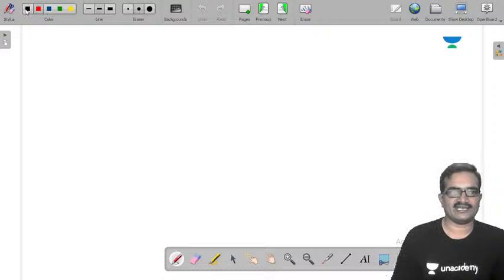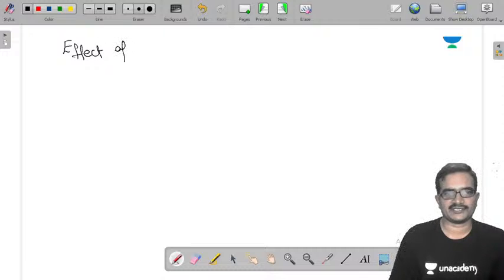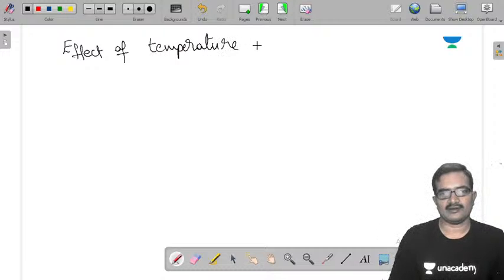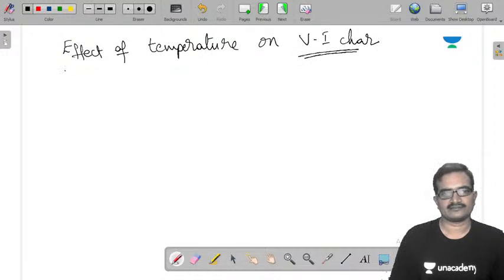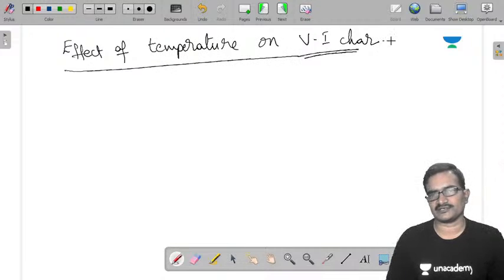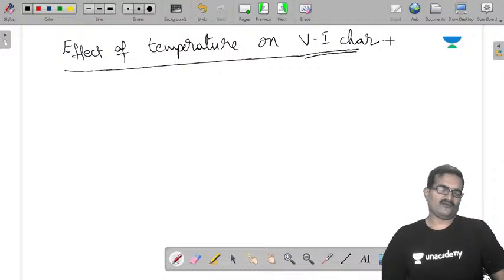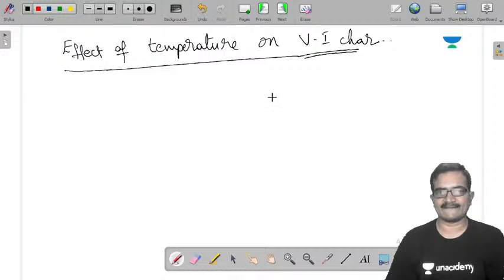Now, the effect of temperature on VI characteristics. First I am taking the forward bias.